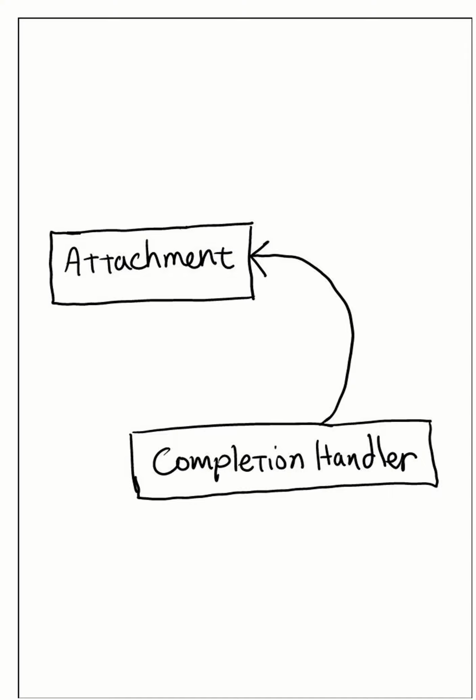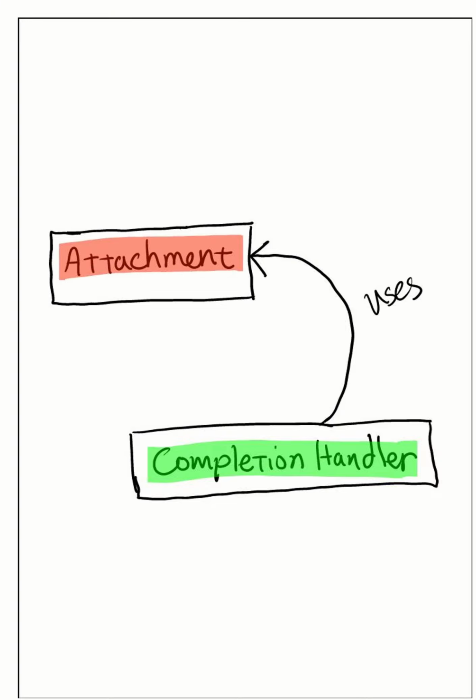Please consider again the relationship between a completion handler and an attachment. A completion handler is what we extend to implement our callback code, and a completion handler associates itself with a type of attachment.